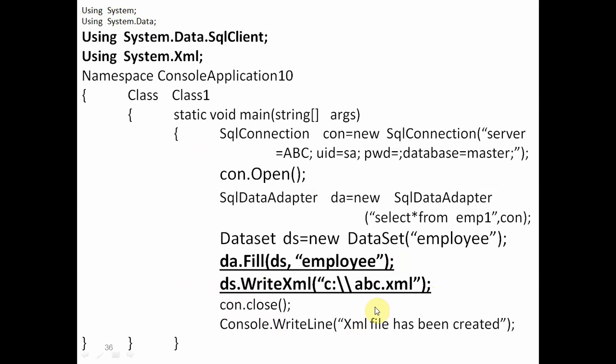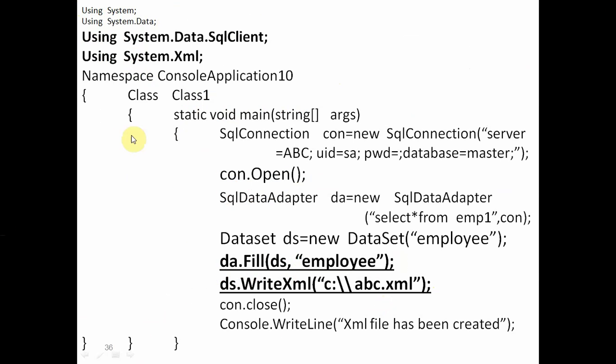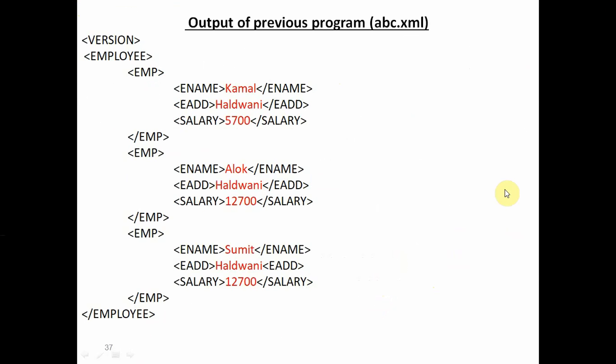Now we can verify that our data is in abc.xml or not. तो उसको check करने के लिए we can see this abc.xml. So there we will find the format of the XML file. इस तरह का format मिलेगा, and we will have all the data of this employee table in this XML file.